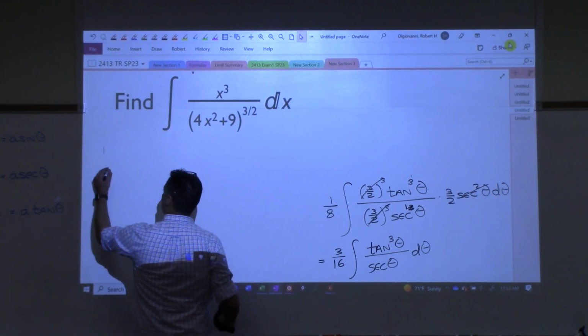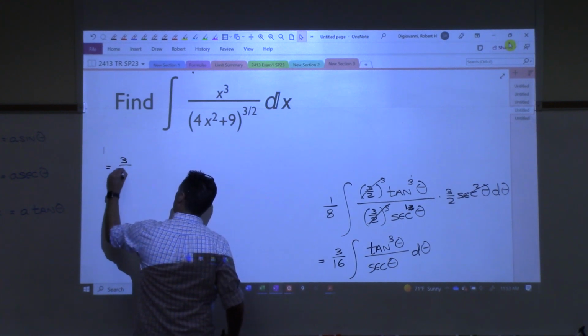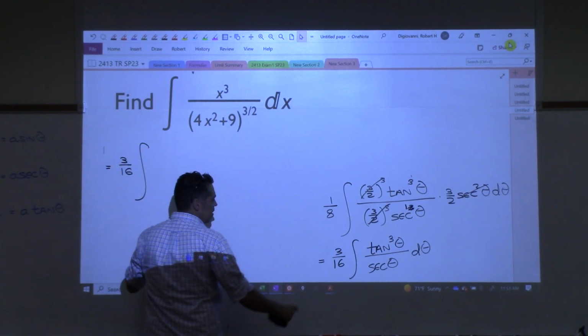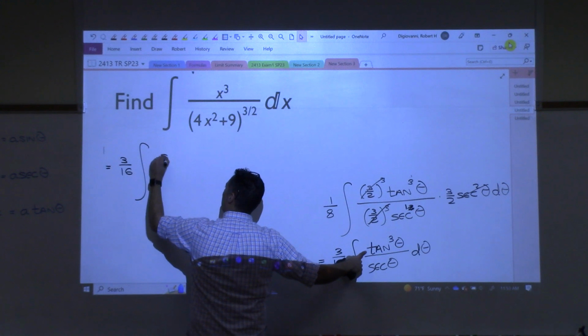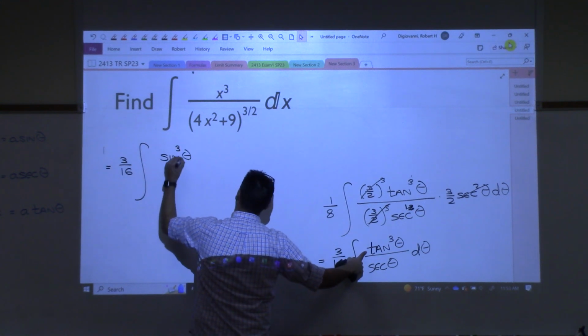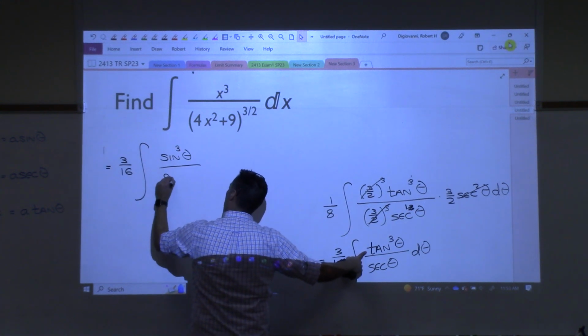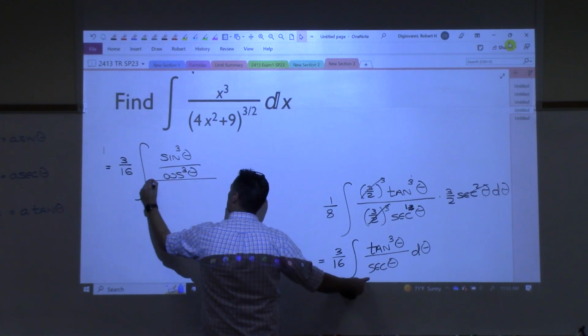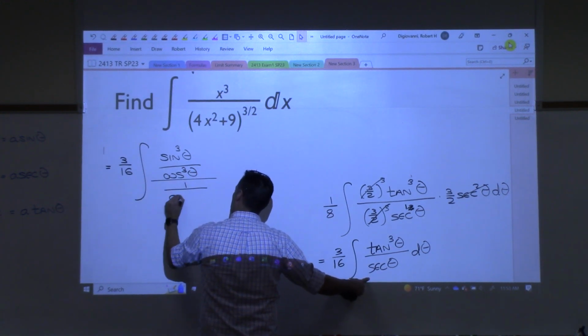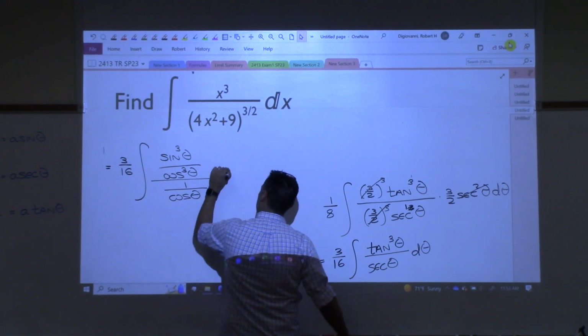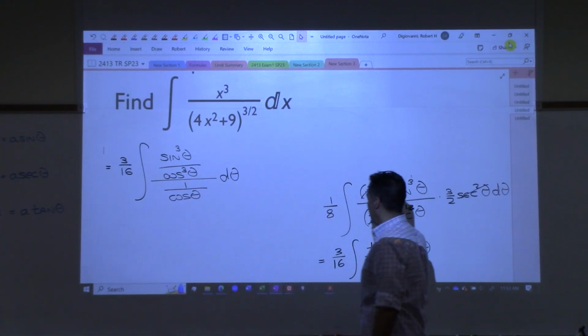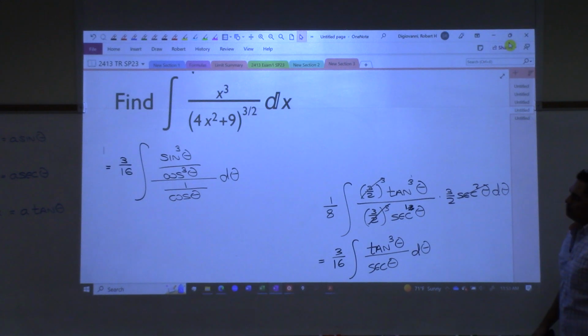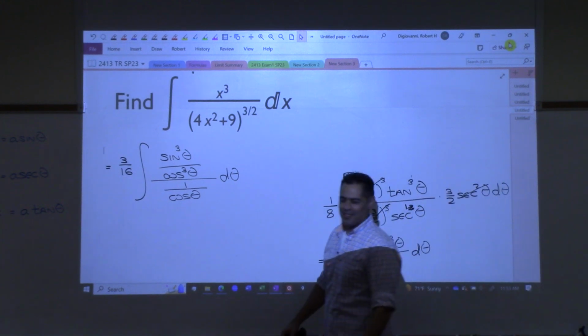So I have equals 3/16 integral. Okay, tangent cubed is sine cubed theta over cosine cubed theta. But all of that's over 1 over cosine theta, because that's what secant is, right? One of the cosines cancels.